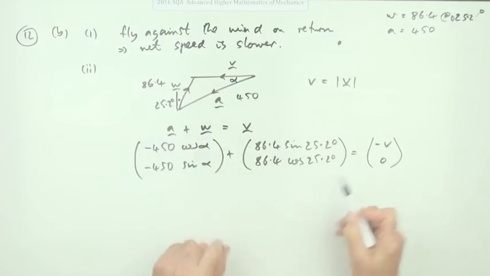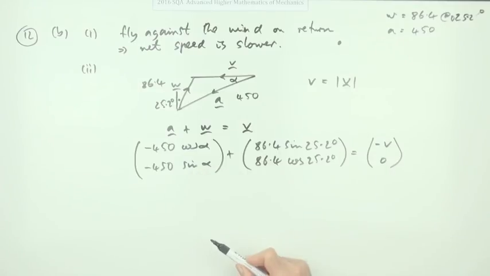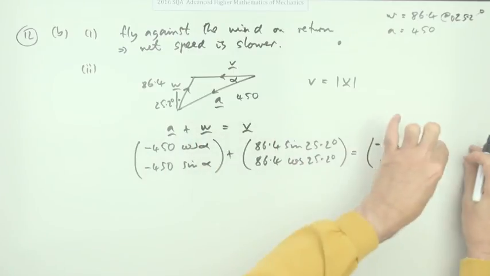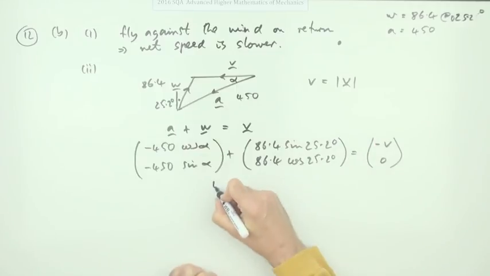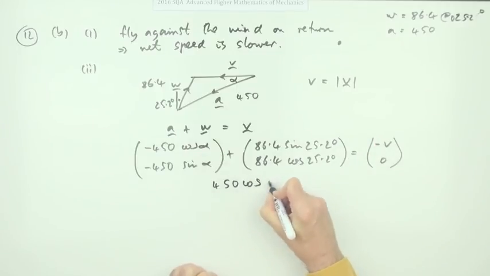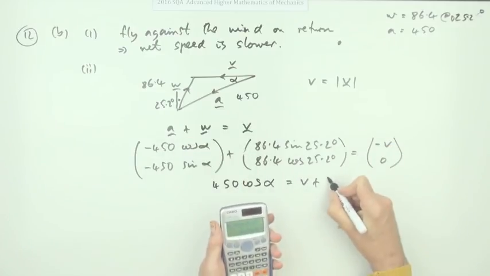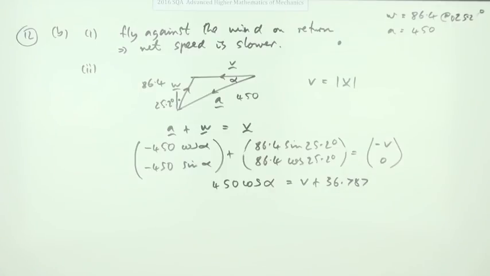Now it looks like you've got two unknowns, so that to find V, you'd need to find alpha, but you don't. You could rearrange those equations just to say this. Take this one, I'm going to take this over here and bring that over there. So I've got 450 cos alpha equals V plus whatever that comes to, and that comes to 36.787, I'll put down. Same with this.